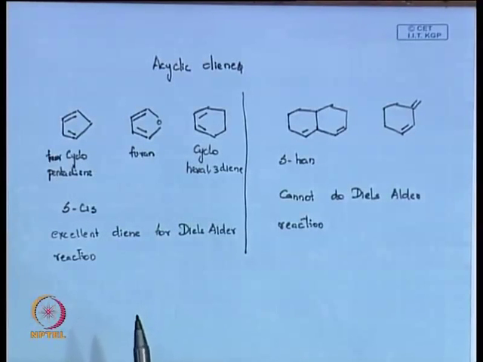So, two things you have to keep in mind when you are thinking about your diene. One is that you make it electron rich. How do you make a diene electron rich? Any idea? You can just attach a donor substituent to your diene, like methoxy.